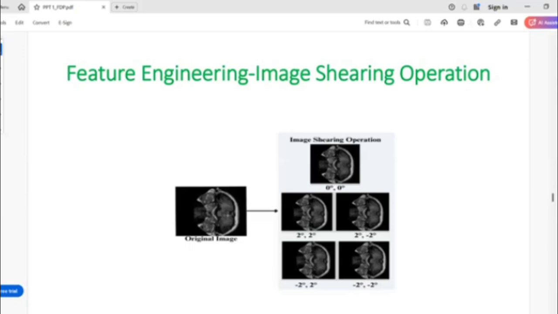You are changing the x-axis and y-axis. That is what happens in the shearing operation. Shearing deals with changing the size and shape of the original 2D object by making use of the x-axis and y-axis, which is the primary objective of image shearing.